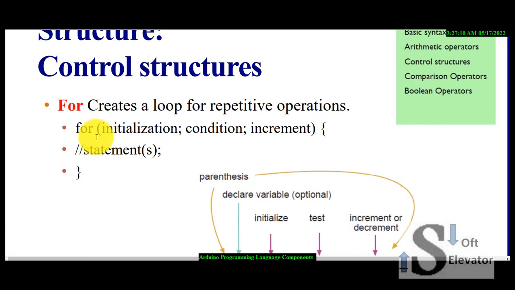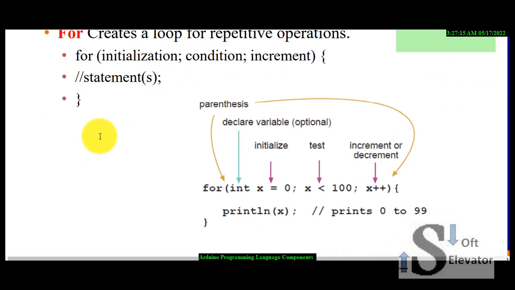The for structure, or for loop. This is the anatomy of the for loop. The keyword for, and then the parentheses, with the optional variable declaration, and the counter, which is initialized with an initial value, a test or condition to be verified, and an increment or decrement for this counter.